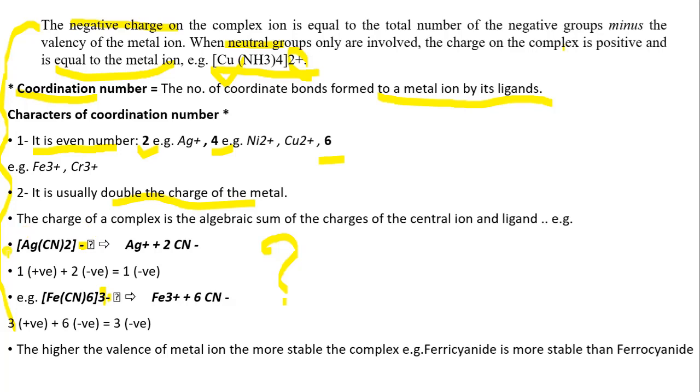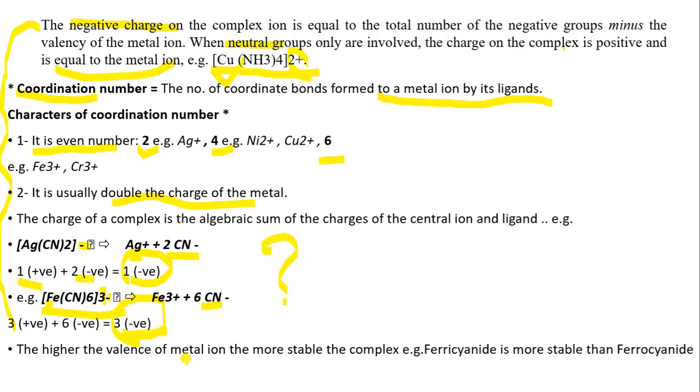In this example, if we dissociate the ions, there will be Ag+ and 2 CN-. So there is 1 positive charge and 2 negative charges, so it will give us 1 negative charge. That's why this compound has a negative charge. And in this example, there is a 3 positive charge and a 6 negative charge. So obviously we will get a 3 negative charge.